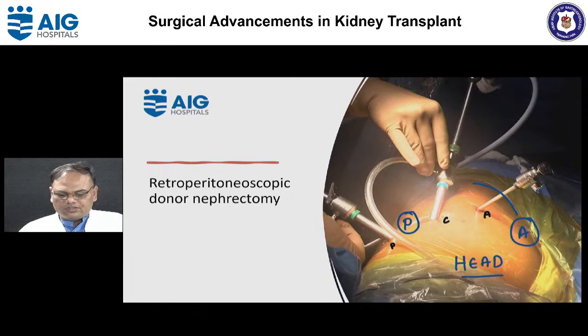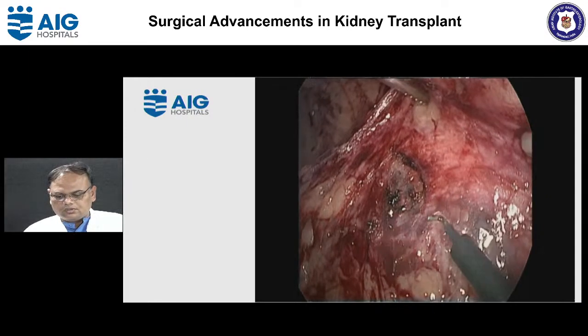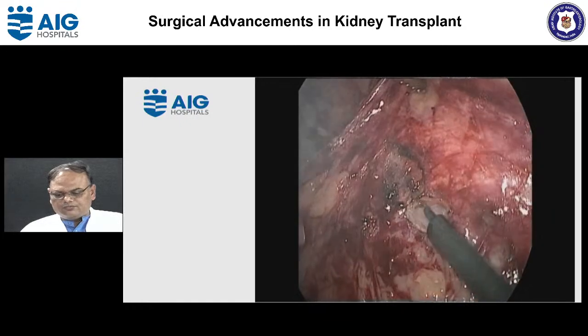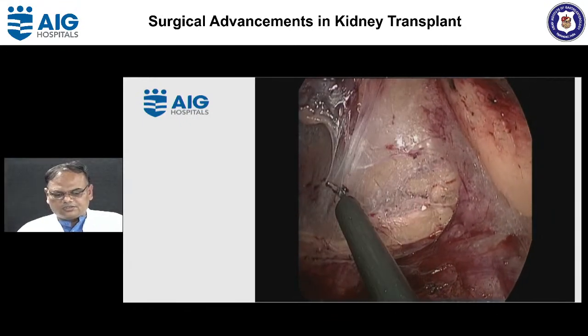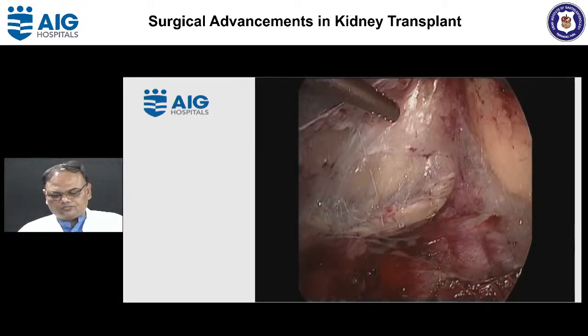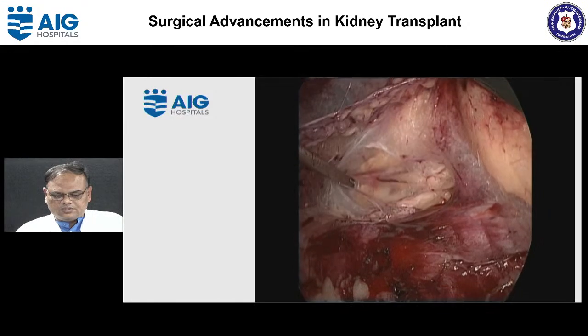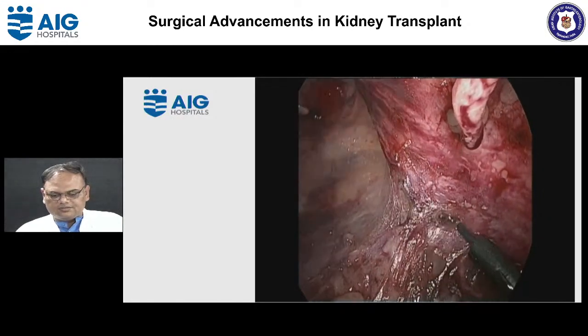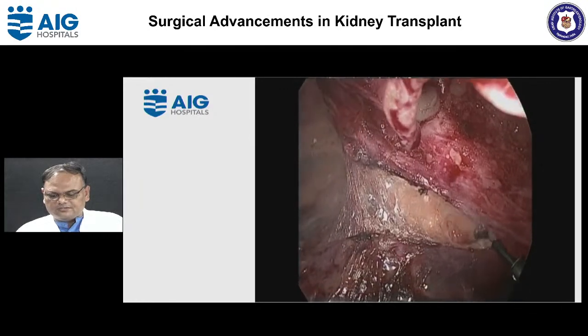Once the ports are placed, the surgery begins. With the help of hook electrocautery and suction cannula, the Gerota's fascia is incised, the ureter is dissected, and then the cranial end of Gerota's fascia is incised completely.